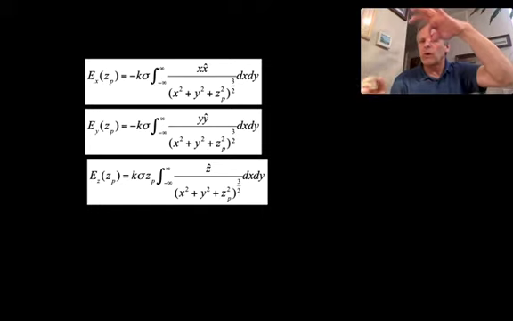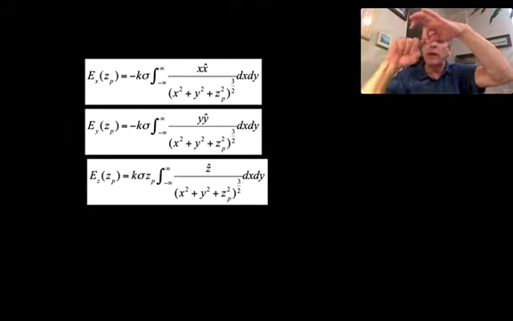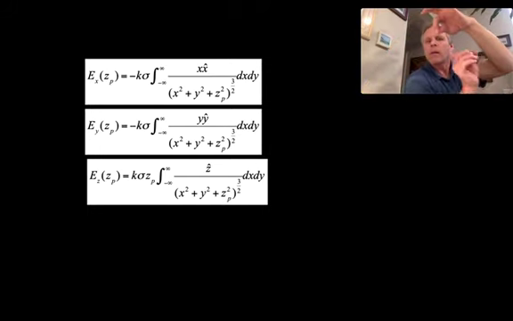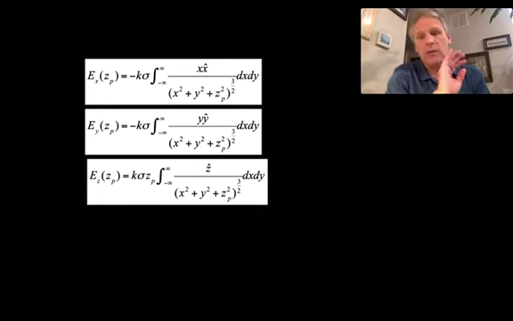But because we're above an infinite plane and we're going from minus infinity to plus infinity, we know that for every component over here that pushes a little bit this way, there's going to be a component over here that pushes a little bit that way. What are they going to do? They're going to cancel out, because we're going the same infinite distance in each direction. So just thinking about it that way, we know that this e sub x is going to be 0. We also know e sub y is going to be 0.